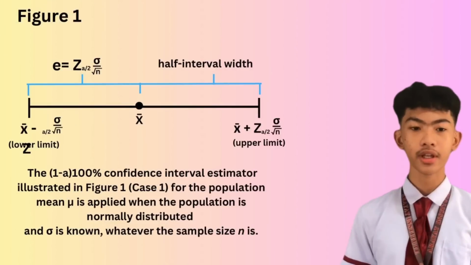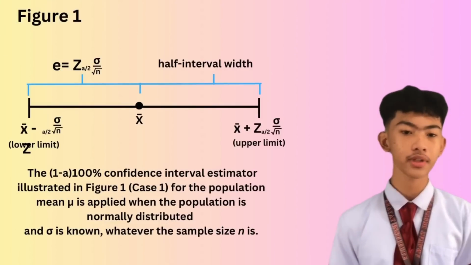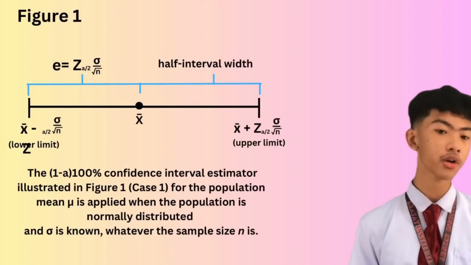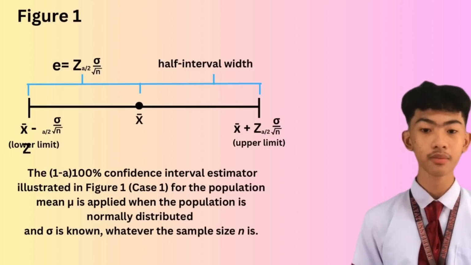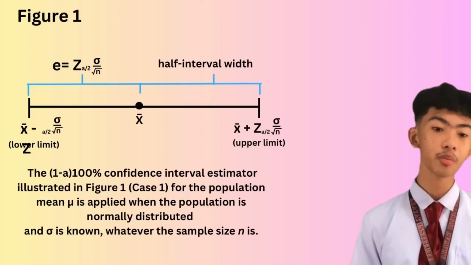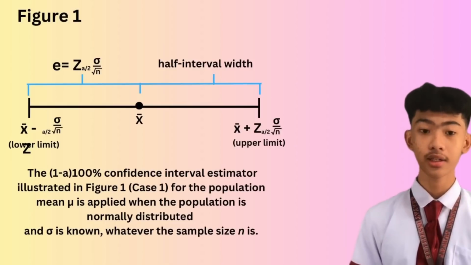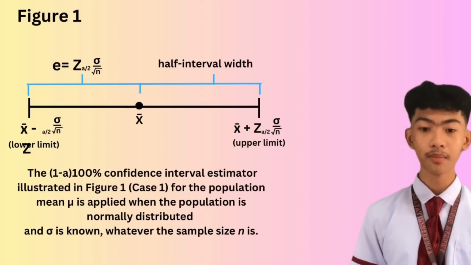The (1 minus alpha) times 100% confidence interval estimator illustrated in figure 1 or case 1 for the population mean is applied when the population is normally distributed and the standard deviation is known, whatever the sample size n is.